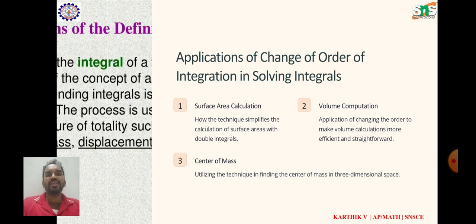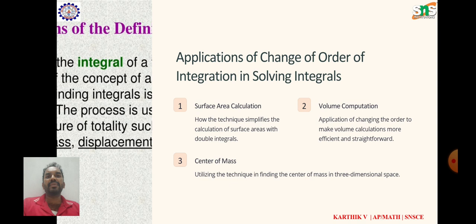This is particularly useful in cases where the integrand or the region of integration exhibits certain symmetries or special properties. Region transformation. In some cases, changing the order of integration allows for a natural description of the region of integration. This transformation can be especially helpful when dealing with irregular or complex regions.